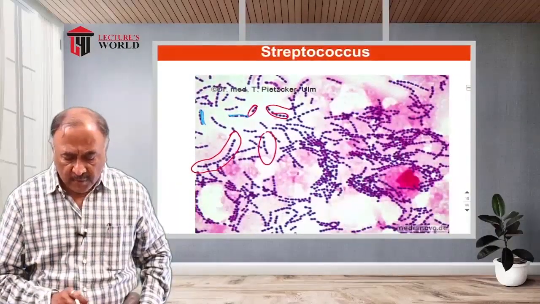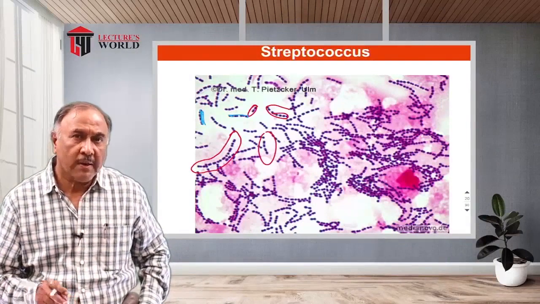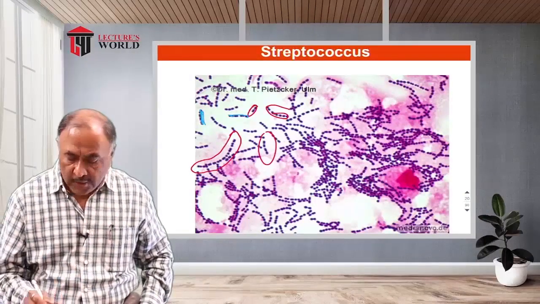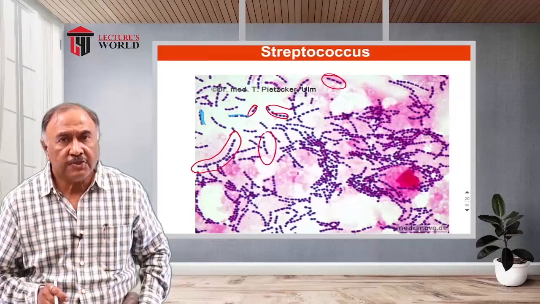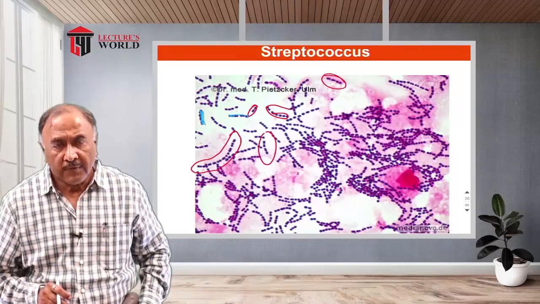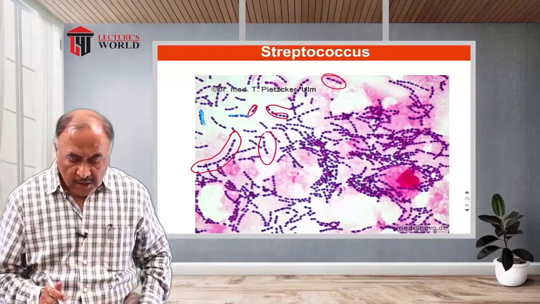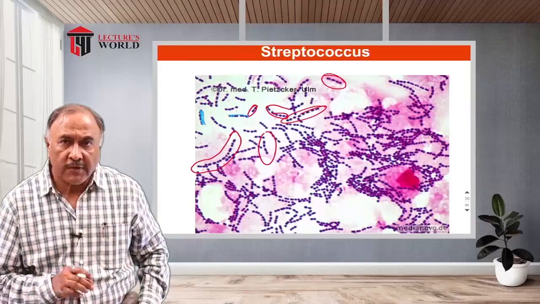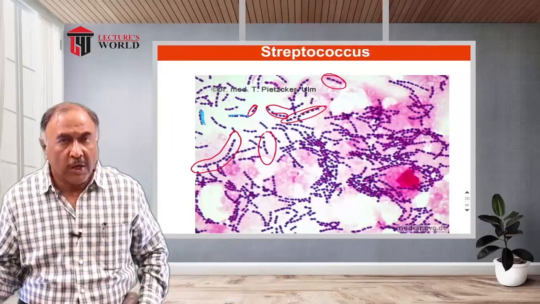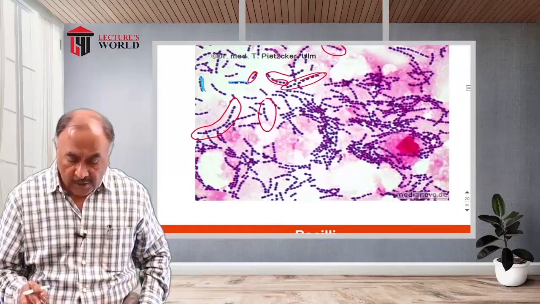Next we have streptococcus. Streptococcus are cocci in chain. As you can see, round shaped organisms which are in chain. These chains can be short or large. Here these chains are very large, and you can see many cocci together, more than 10 or 12 together in chain.